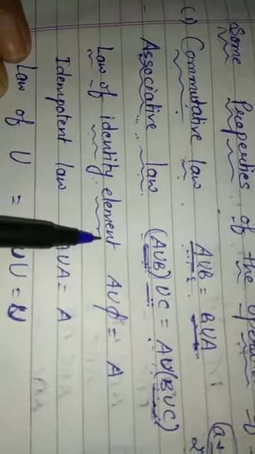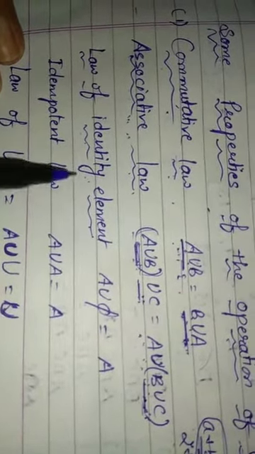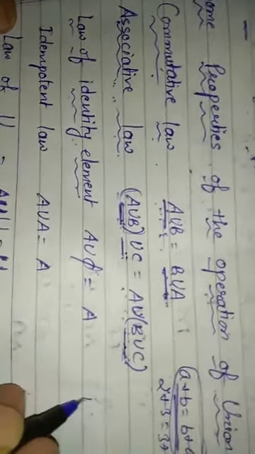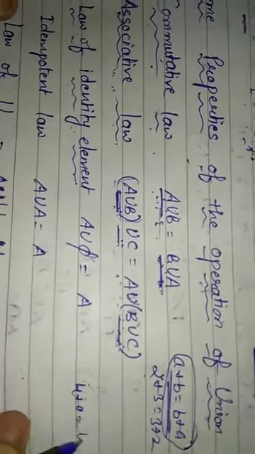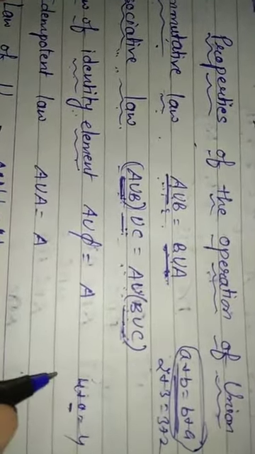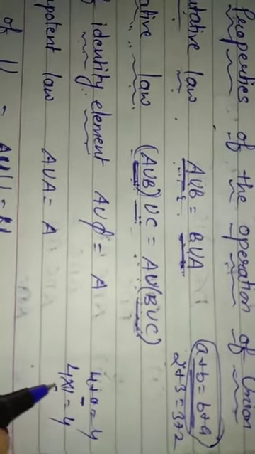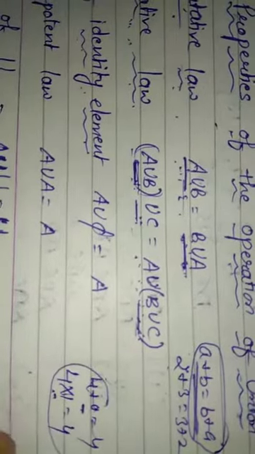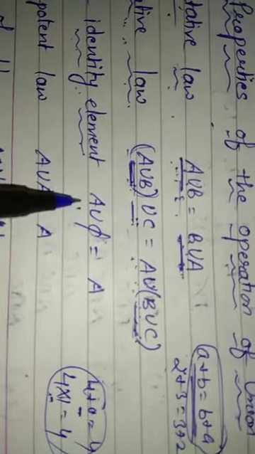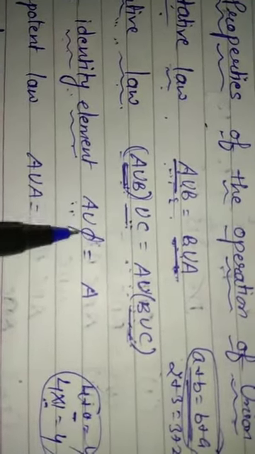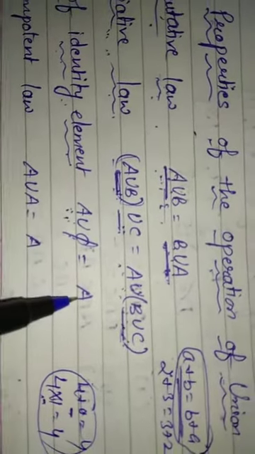Now, the law of identity element. Identity means, suppose in addition 4 plus 0 is 4, so 0 is the identity element. 4 into 1 is equal to 4, so 1 is the multiplicative identity. Similarly, in union, if we take A union the empty set, then that will be equal to A. I am taking the same example.